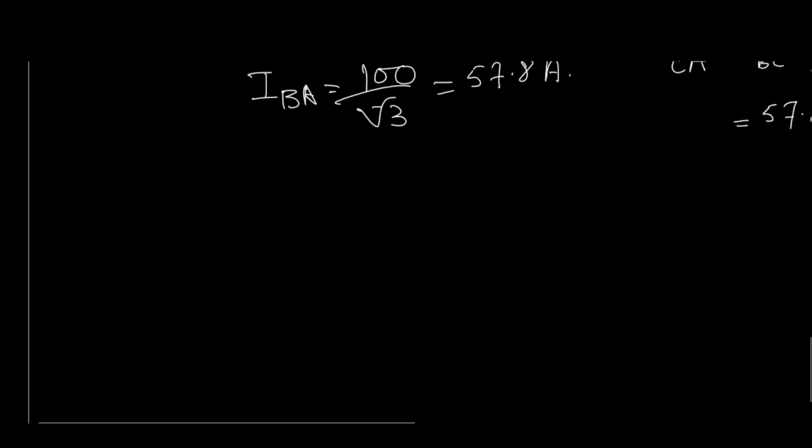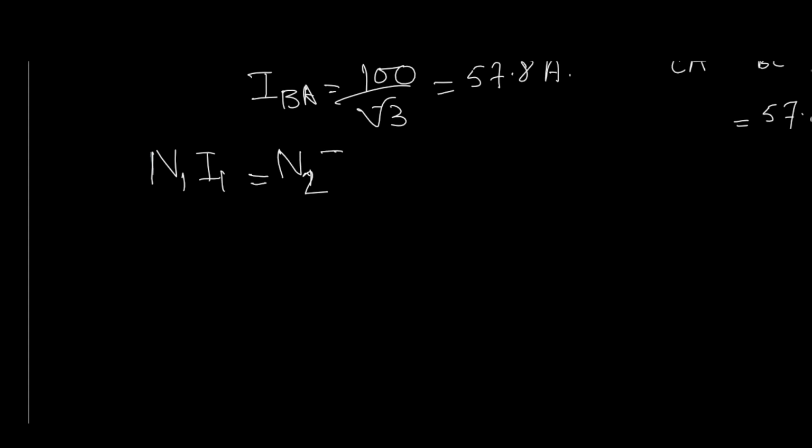For the first part, we are taking two currents. One is, when we write the MMF balance considering an ideal transformer, this, magnitude wise, I am writing. Another one is how much?